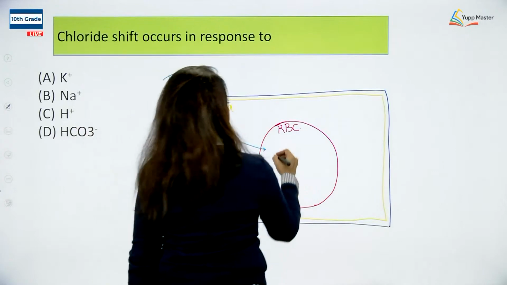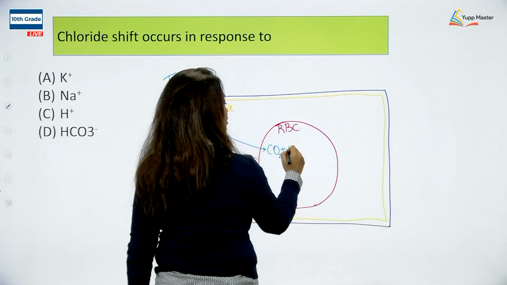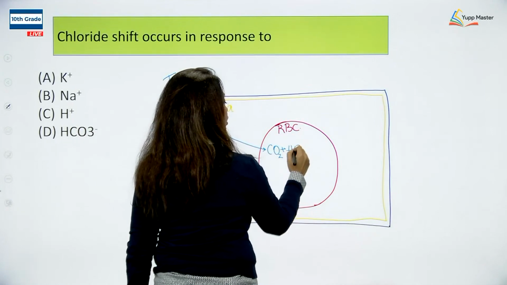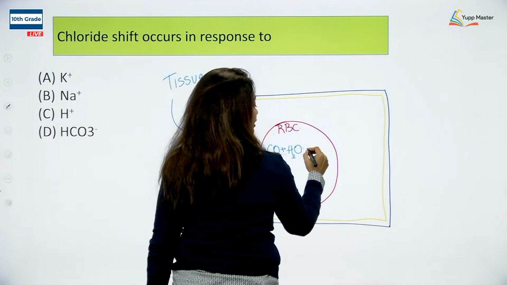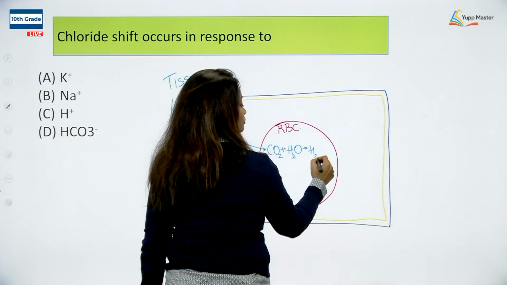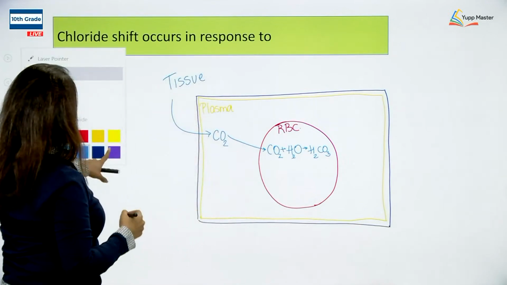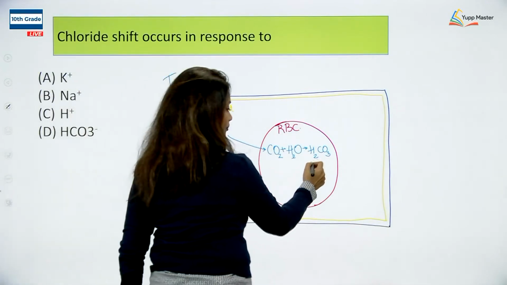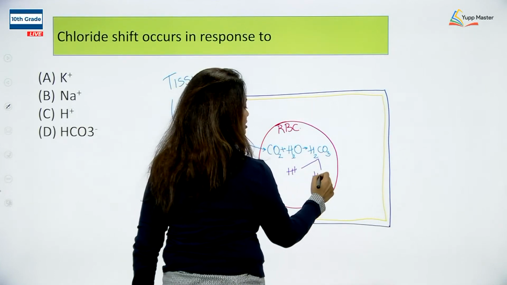So we see here that the carbon dioxide is going to combine with water. What is it going to form? This is going to form carbonic acid. And how do we write that? It's written as H2CO3. And immediately as the carbonic acid is formed, it is going to dissociate into H plus ions and HCO3 minus.